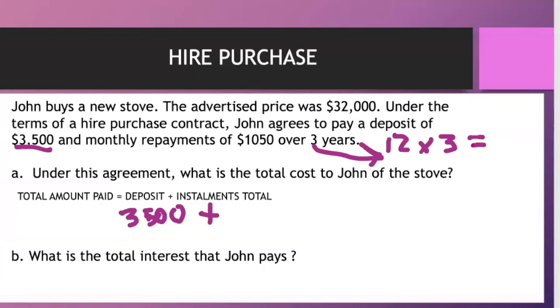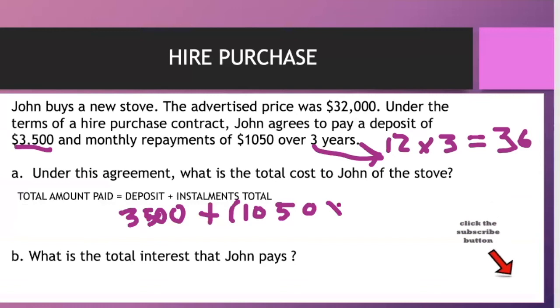So this means I'll be paying $1,050 for 36 months. To find the total installment, I will say $1,050 times 36. So we have 3,500 plus 1,050 times 36, and that gives us 37,800.